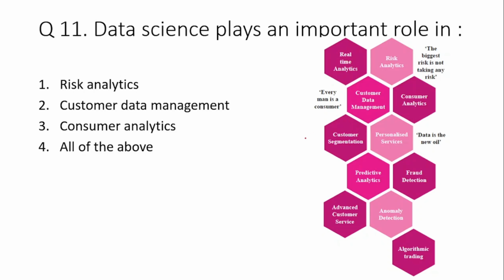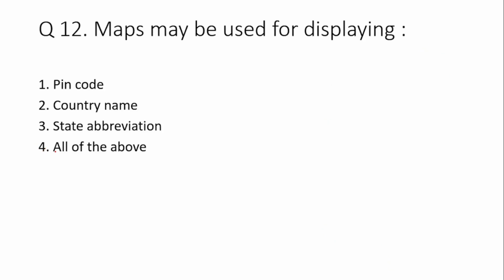I have explained all of these aspects in depth in the video, so you can have a look. So what are they all? Real-time analytics, risk analytics, customer data management, consumer analytics, customer segmentation, personalized services, predictive analytics, fraud detection, advanced customer service, anomaly detection, and algorithmic trading. Hence the option should be option number 4 as far as question number 11 goes. Okay, let's move on to the next question.